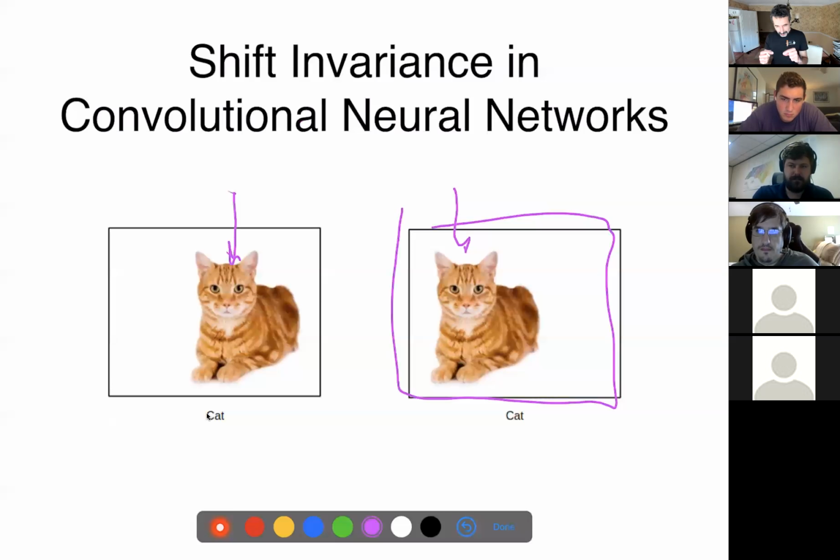So convolutional neural networks have this property that they generalize very well across these invariances, like translation, maybe rotation, due to the particular operations that they use.